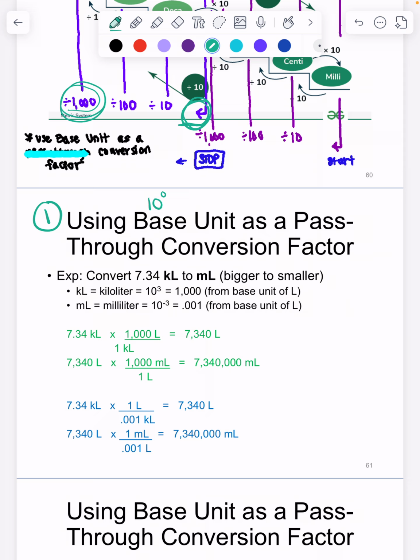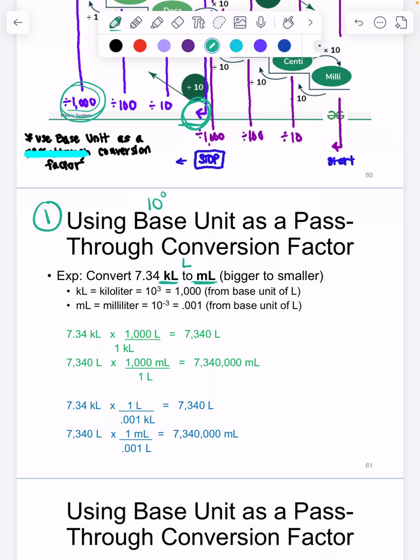So instead of going straight from kiloliters to milliliters, we can stop in the middle at plain old liters and then continue from there. Now, I find this way to be the easiest. I love using my base unit as a conversion factor because it's just easier for me to do. Do it however you want. I'm going to teach you both ways.